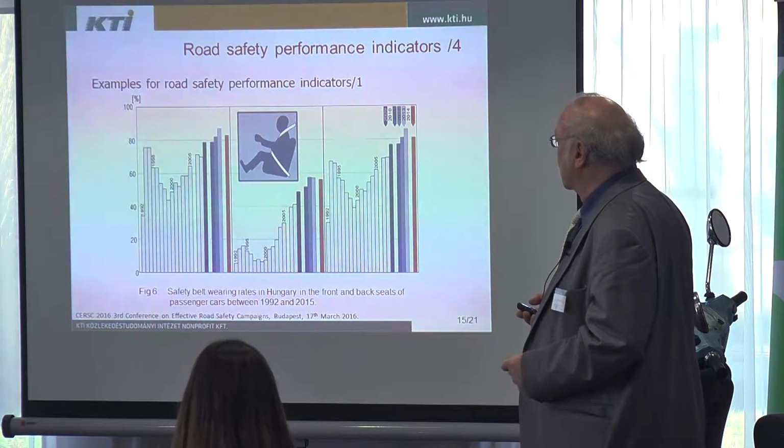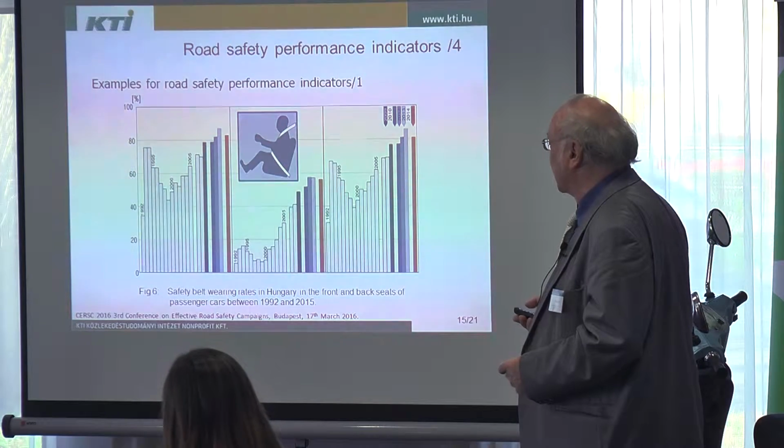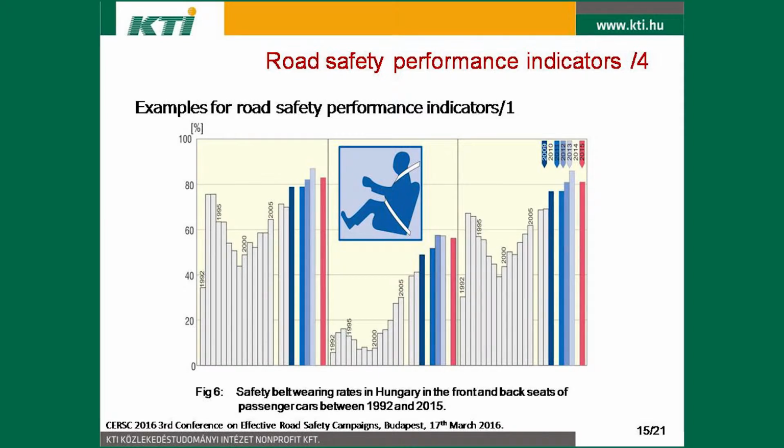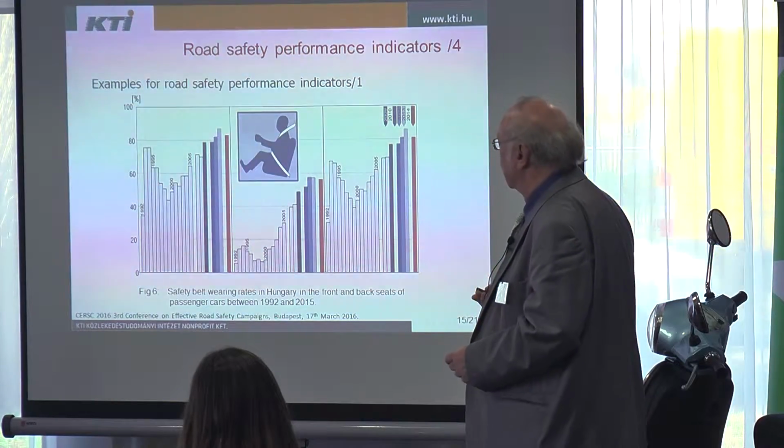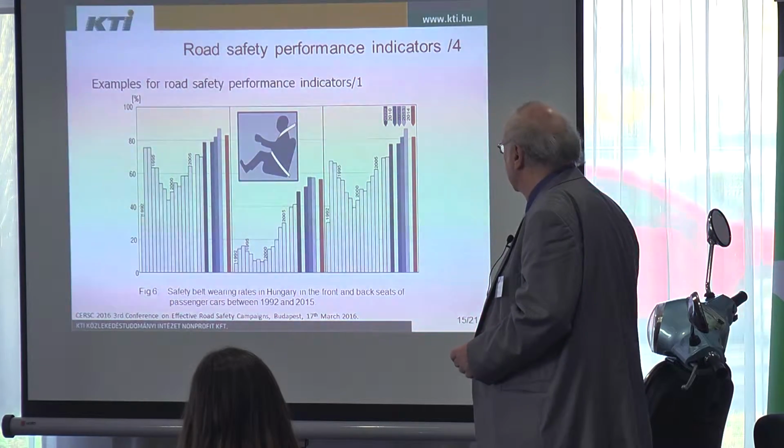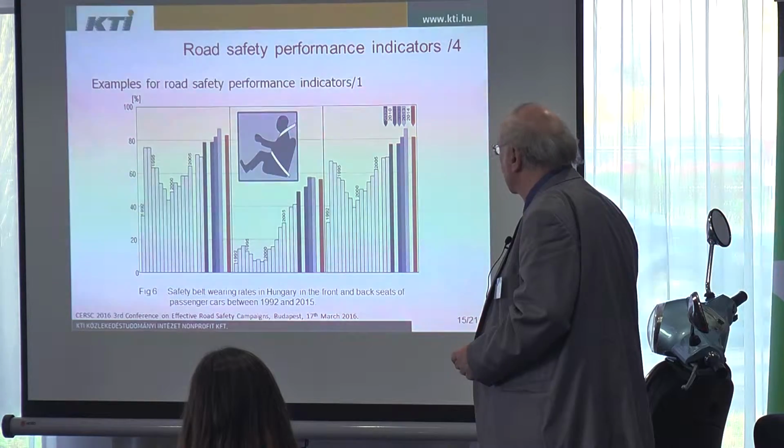This figure shows the development of the safety belt wearing rate in Hungary in the case of the front seats, back seats, and all seats in passenger cars. And the lowest value was registered in 1999, and from this time on we have an increasing trend until 2013.